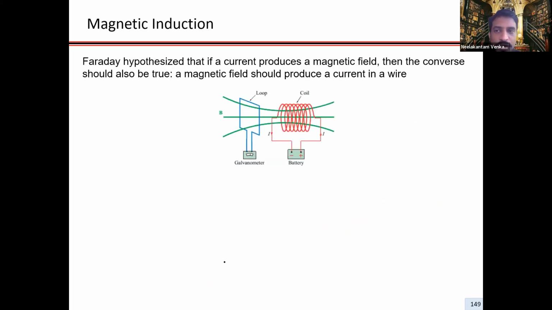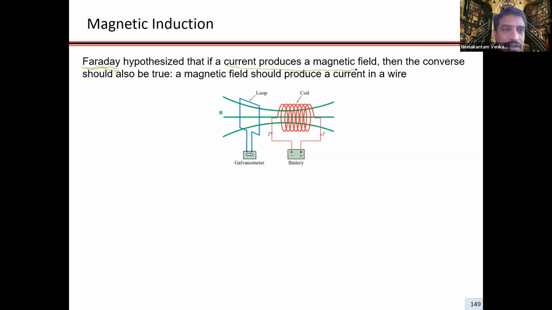Turns out there is an important law that Michael Faraday, a very brilliant scientist, hypothesized. We know that a current produces a magnetic field, that is Ampere's contribution, Ampere detected it. Then would the converse be true?